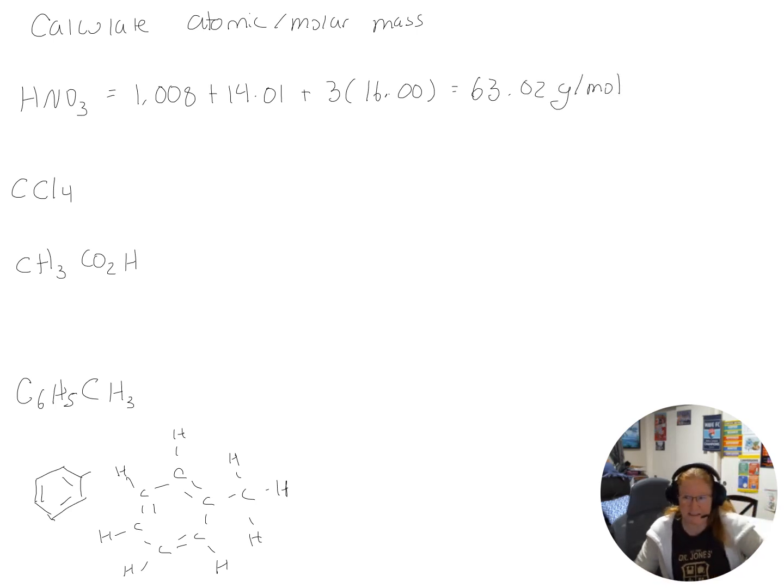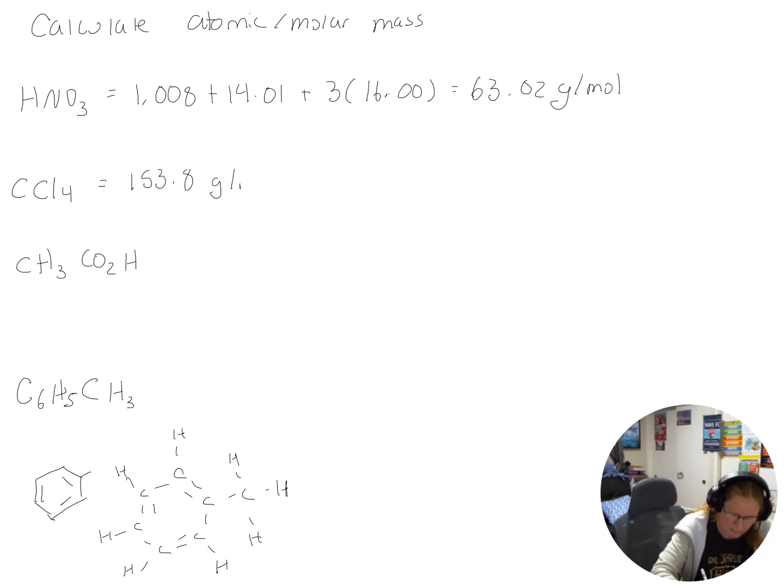Okay, so practice, pause, do the other 3, and then unpause, and I'll give you the answers. Okay, so you should have gotten 153.8 grams per mole, 60.05 grams per mole, and 92.14 grams per mole.